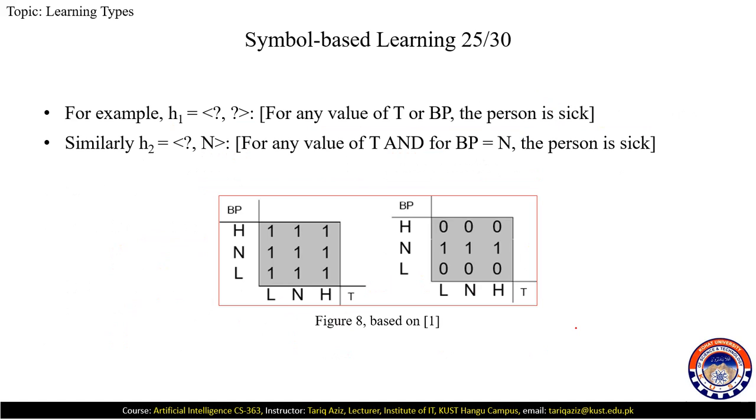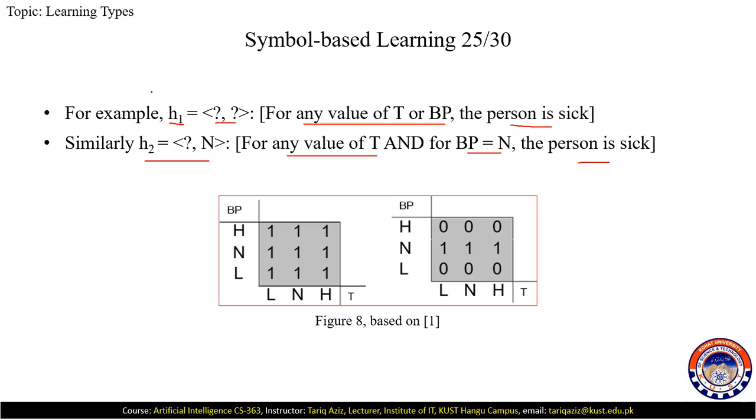Okay. Now, dear students, for example, if h1 is equal to question mark comma question mark, then it means that for any value of temperature or blood pressure, the person is sick. But if we take h2 is equal to question mark comma normal, then it means that for any value of temperature and for blood pressure equal to normal, the person is sick.